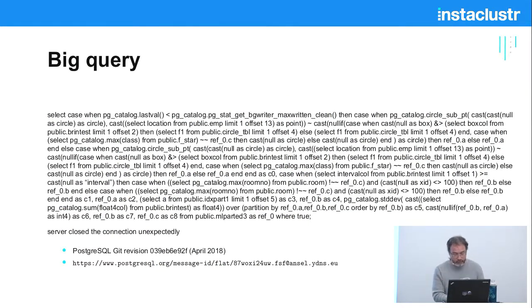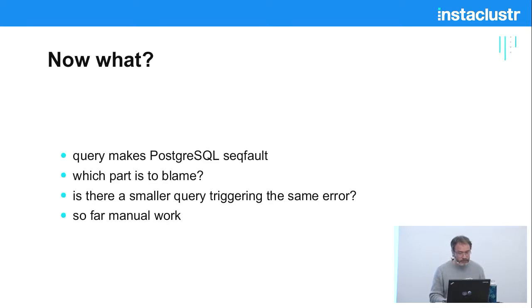Okay, so to actually make this useful, the query back then was reported to Postgres upstream. The question is, which part of that query is actually the part that is triggering the segfault. It's not the whole query, it's just one bit or combinations of bits in there that triggers the actual problem. The question is, can we actually get at what the problem is?